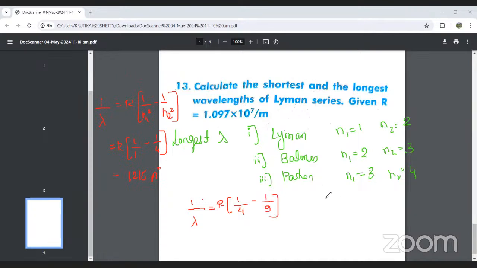And for the Passion series, it is 1 by lambda is equal to r into bracket 1 by 3 square is 9 minus 1 by 4 square is 16. So please tell me both the values. Solve it. Then we will end the session.